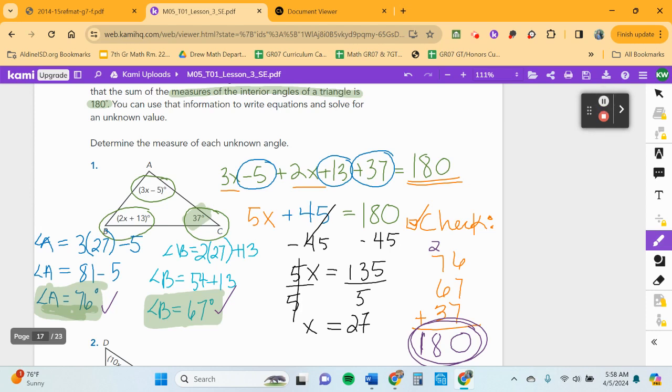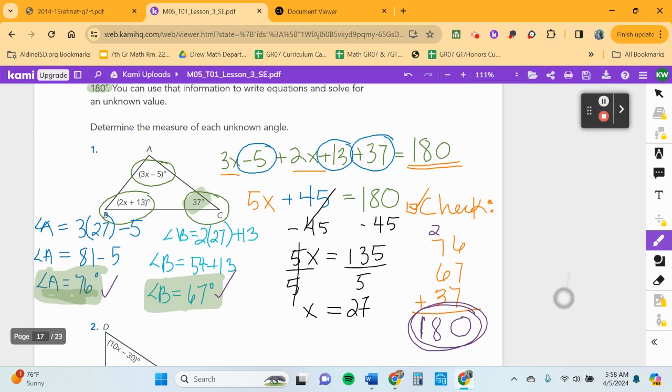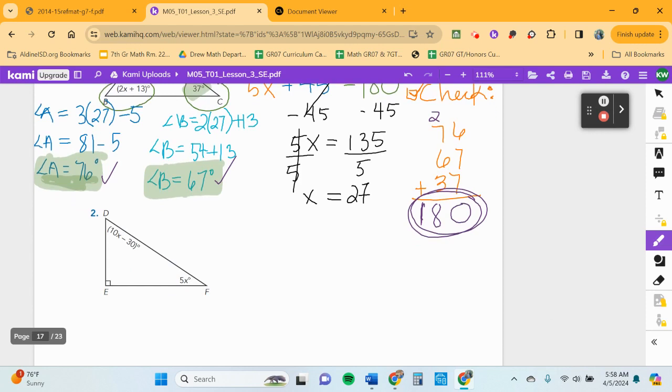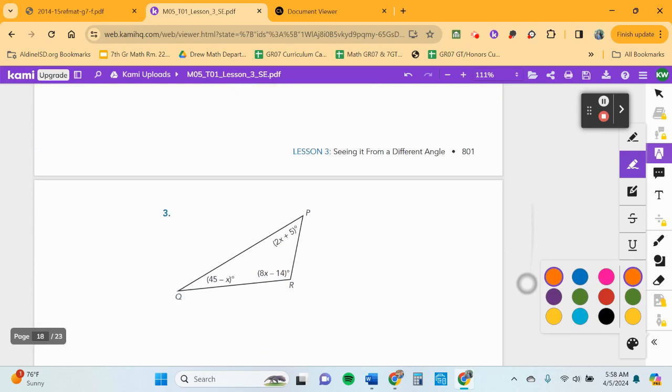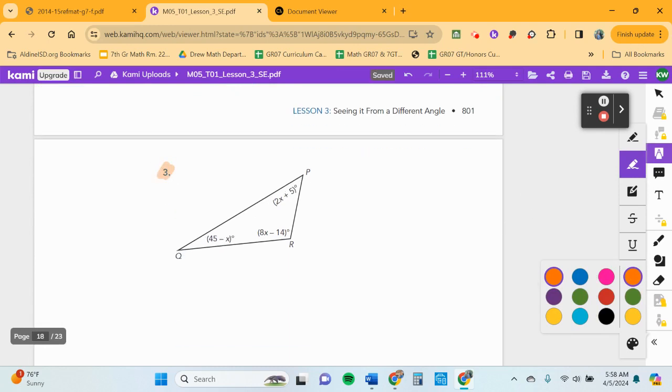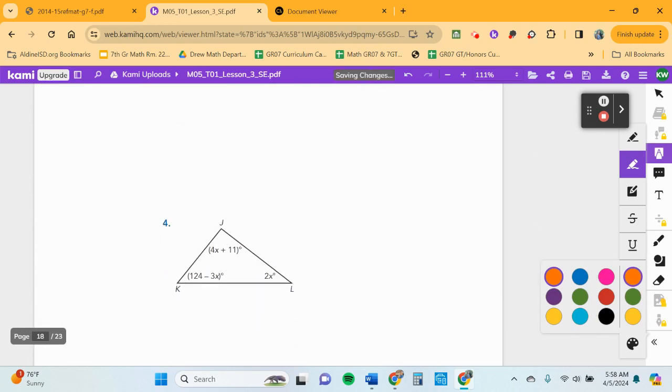Alrighty, I am moving on. At this time, you're going to complete problem 2, problem 3, and problem 4, solving for each of those angles.